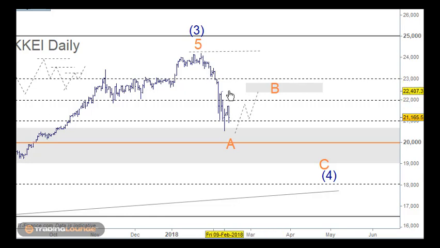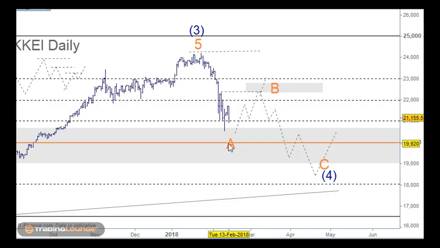It may only come up to the wave 4 of 1 lesser degree, or it may, for whatever reasons, come higher and test the second level of market supply up here. But in one way or another, once that's completed, we'll be looking for wave C, 5 waves down into this sort of area before moving up.